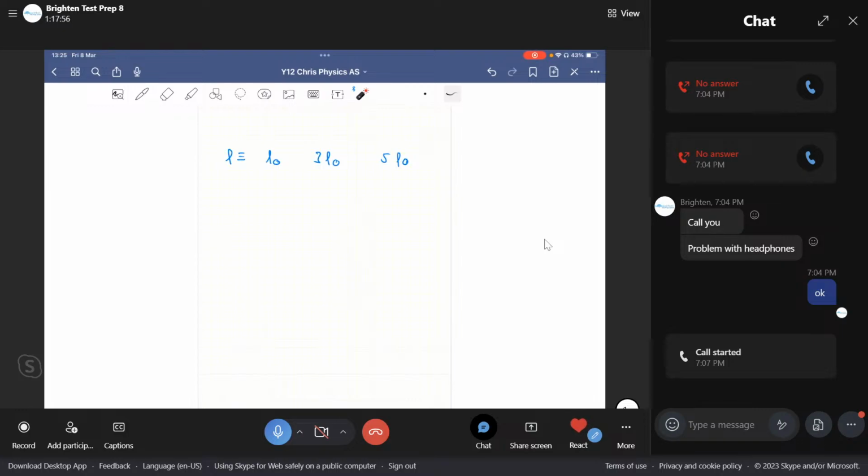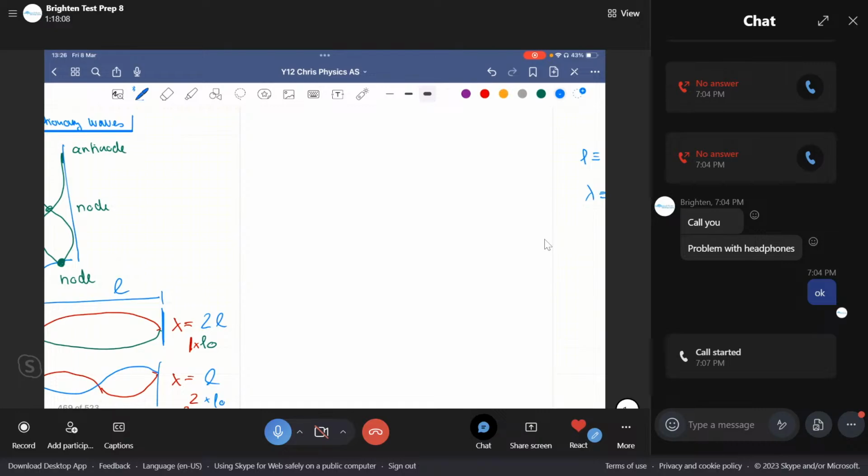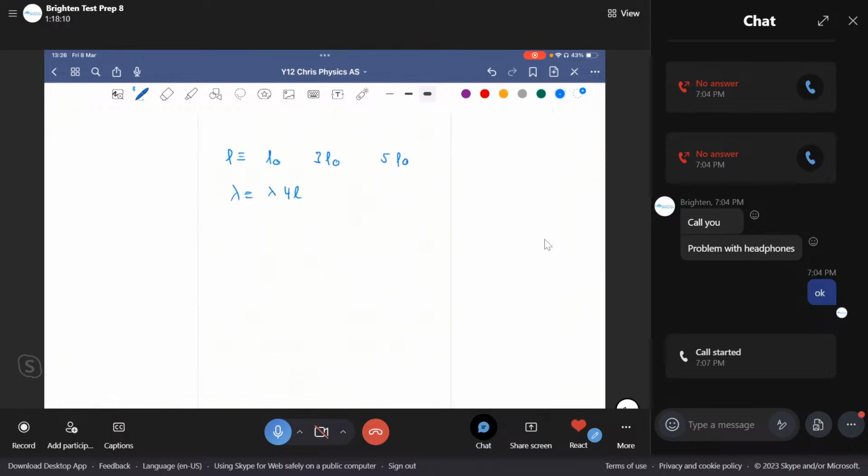And the wavelength accordingly, of course, is a different story as well, because there we can see that it will become 4L. That's the point. Need 2L, it's 4L, and then of course everything is in line with that.